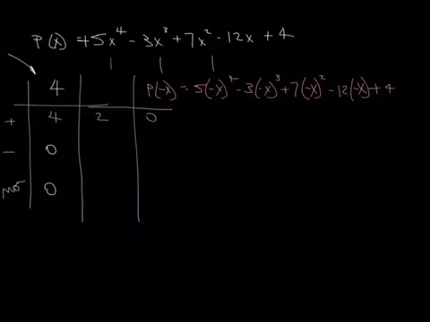Rewritten, this is 5x to the 4th plus 3x cubed plus 7x squared plus 12x plus 4. No variation of sign because they're all positive.